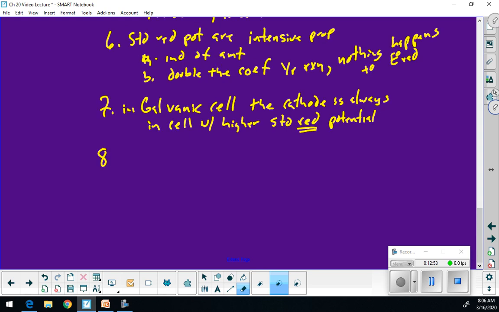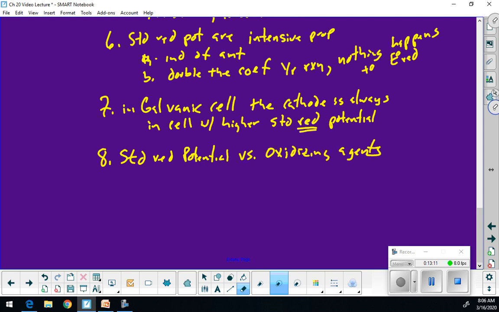My standard reduction potentials are related to oxidants, oxidizing agents, right? And it's a pretty simple idea.